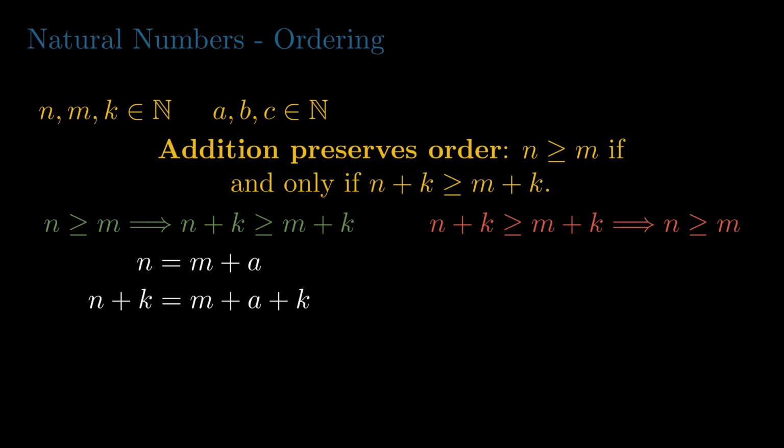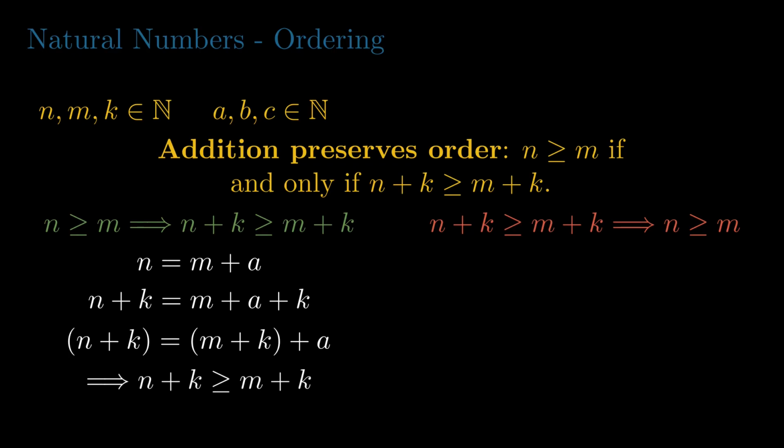Thanks to the properties of addition, we can write it as n plus k equals m plus k plus a. The expression in the parentheses can be seen as a simple natural number. Therefore, the relation has the form that we know is linked to an inequality. We can say that n plus k is greater than or equal to m plus k.